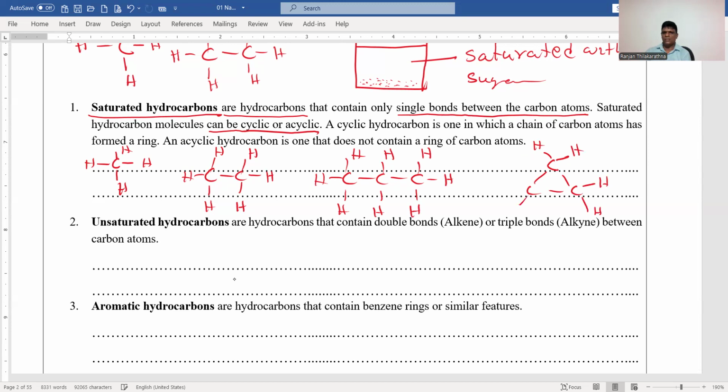Then it is called cyclic propane. Why? It forms a cycle, circle or ring. Then we call it cyclic. These are acyclic compounds, and this is a cyclic compound.